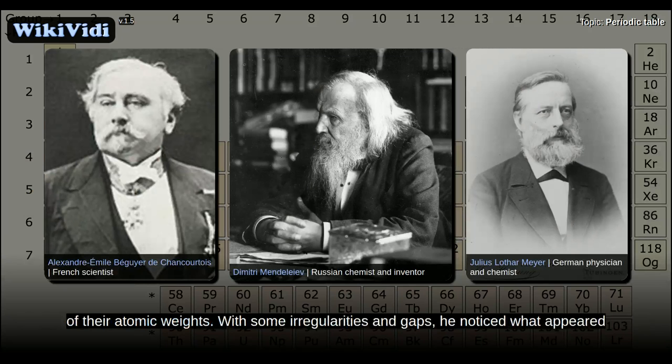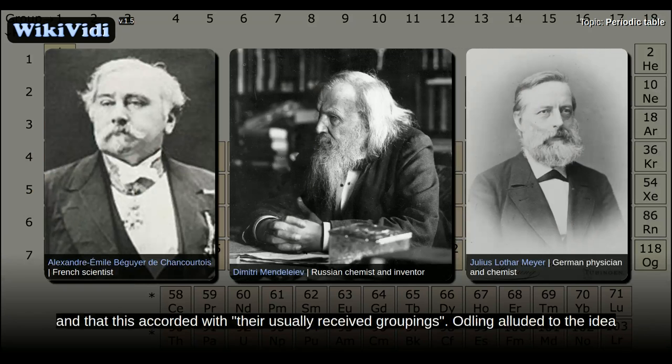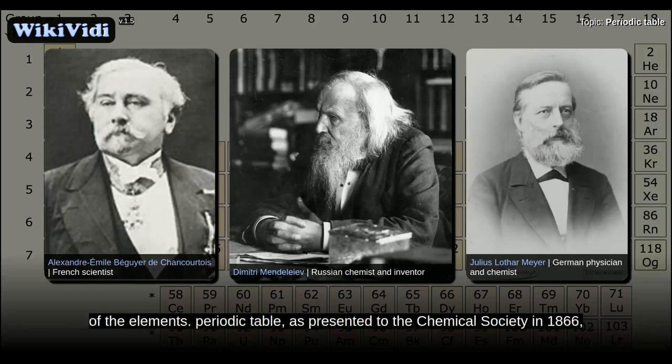With some irregularities and gaps, he noticed what appeared to be a periodicity of atomic weights among the elements, and that this accorded with their usually received groupings. Odling alluded to the idea of a periodic law, but did not pursue it. He subsequently proposed a valence-based classification of the elements, as presented to the Chemical Society in 1866.